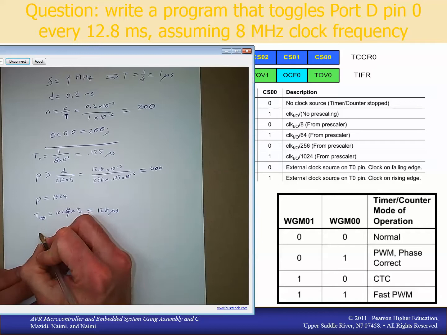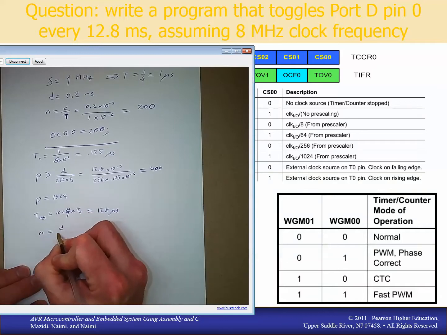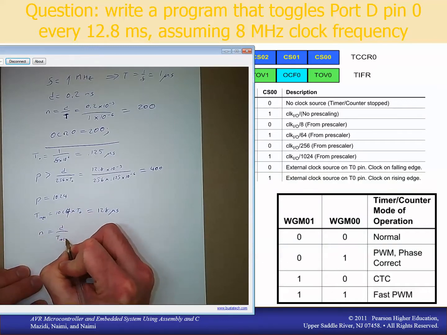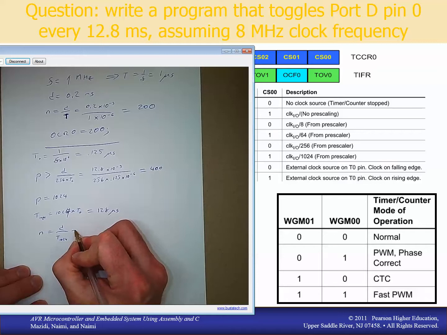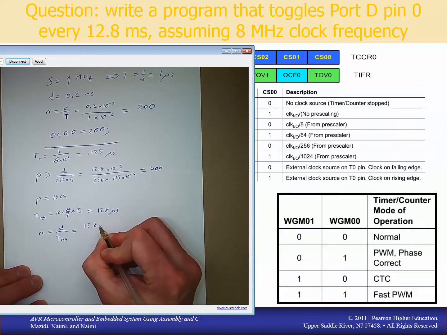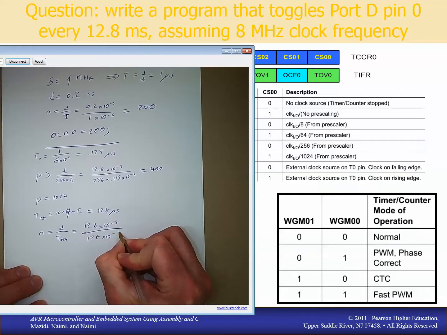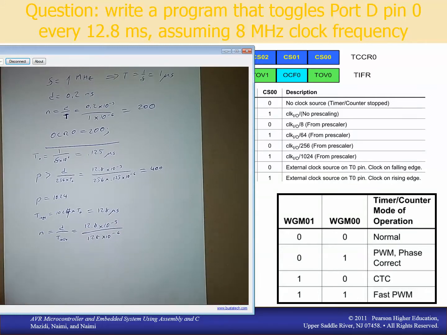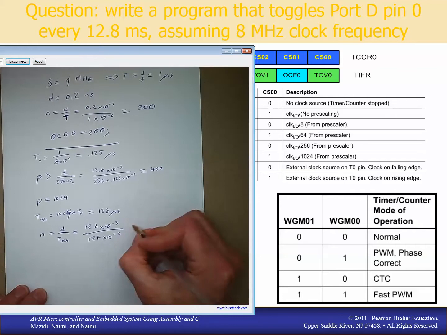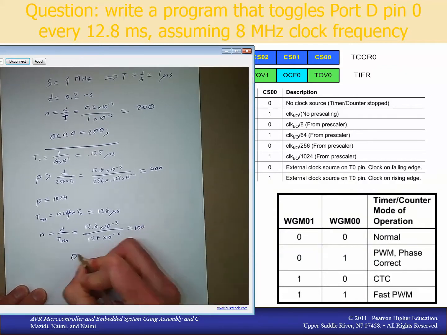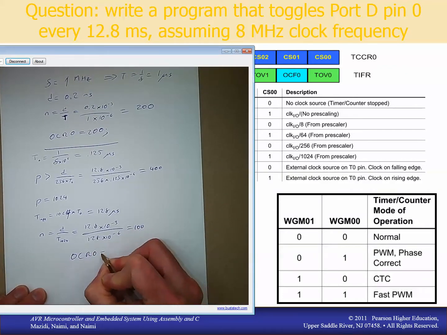And now the number of pulses is the delay over T1024, since we're using a prescaler. And so that is 12.8 times 10 to the minus 3 divided by 128 times 10 to the minus 6. And that is 100. So we need to write 100 to OCR0.